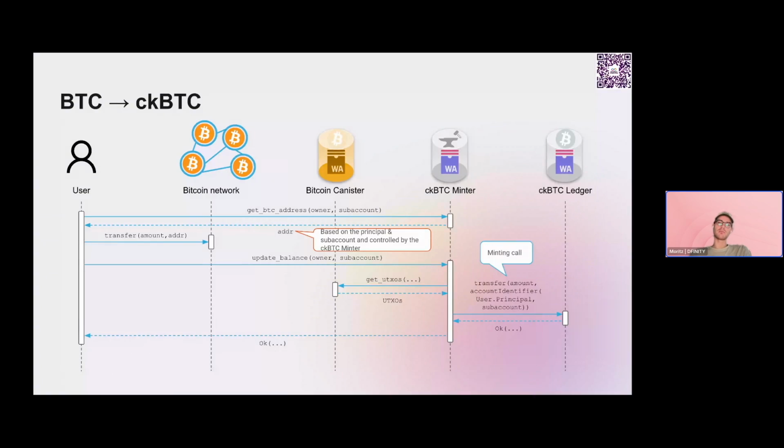And with regards to the number of confirmations, I think this is actually built into the Bitcoin integration already. A block is only passed from the Bitcoin adapter into the Bitcoin canister if there has been enough proof of work on this specific block, and if the chance of a reorg is very, very low.